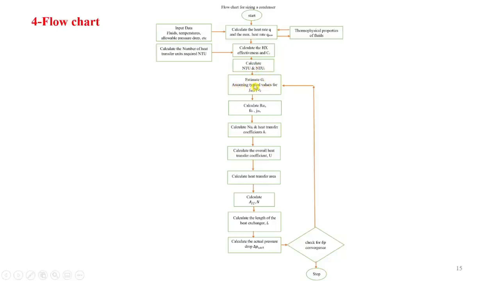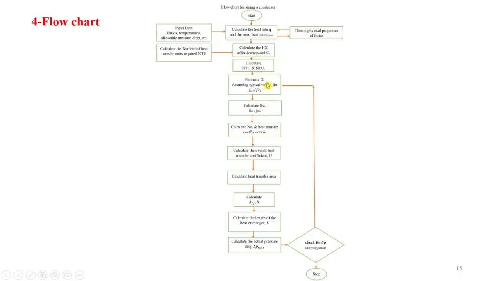And then we have to start with an initial guess for the mass velocity G, from which you can find the Reynolds number. Of course, we are assuming a typical value for the heat transfer divided by the friction. We took it 0.4, but you can take another value if you want to.